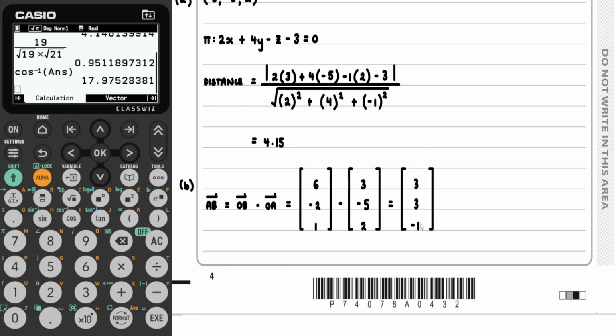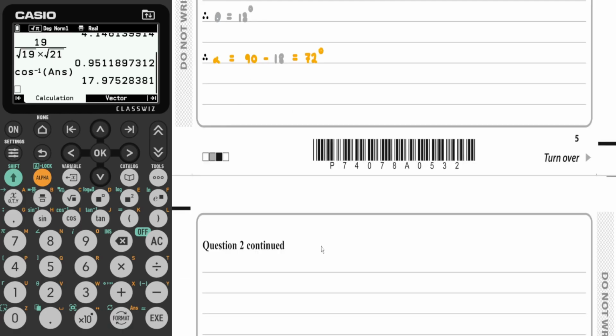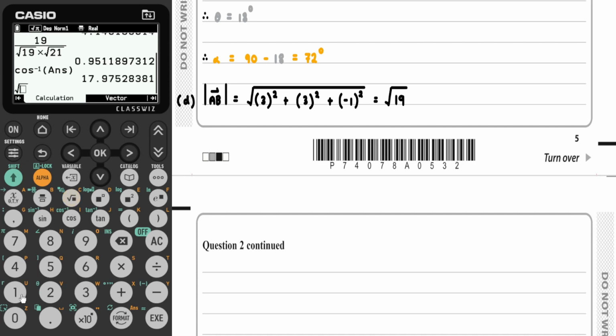So we need to work out the magnitude of this. So we've got the magnitude of AB equaling the square root of 3 squared plus 3 squared plus negative 1 squared, which is root 19. Square root 19, that's equal to 4.36.